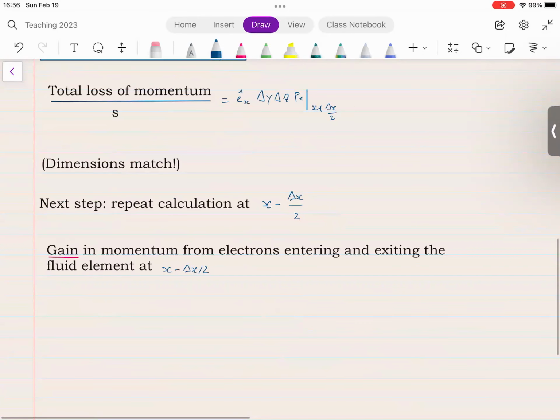Okay. So the difference is going to be the total force on my system, and the gain in momentum on the left side of the system is going to be given by this same expression. It's going to be in the x direction. It's going to be delta y, delta z, because that's the shape of our fluid element. It's the same on both sides, times the pressure, but now the pressure is calculated at x minus delta x over 2.